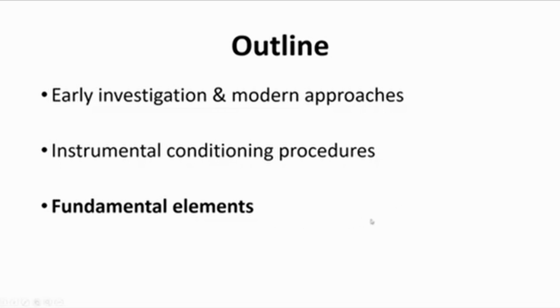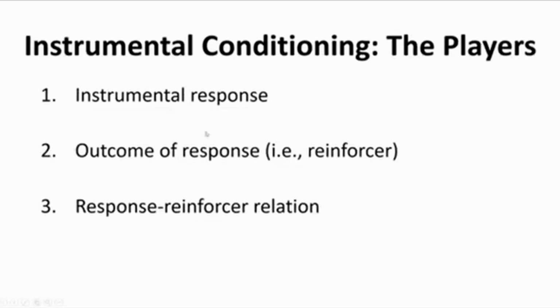So let's start off with our three fundamental elements involved in instrumental conditioning. These are our instrumental response and the outcome of the response, for example, our reinforcer. We can also talk about a punisher here, but the textbook tends to stick to reinforcers, at least for now.